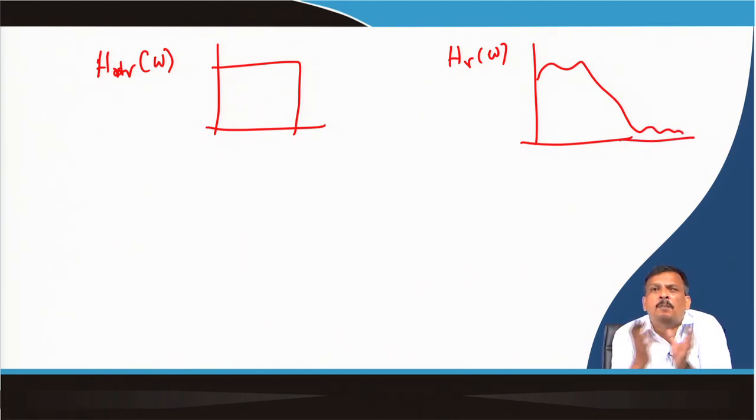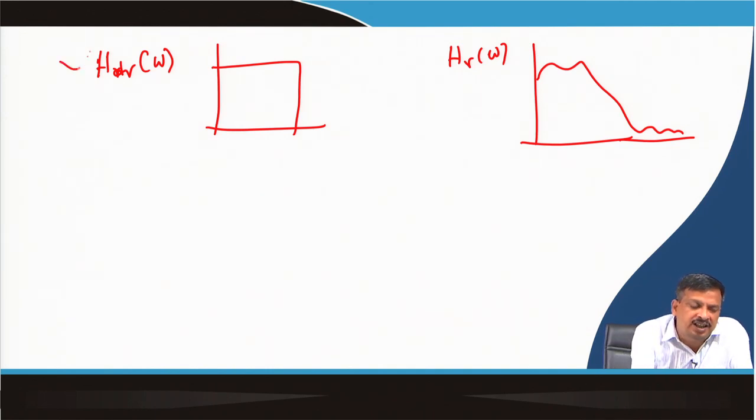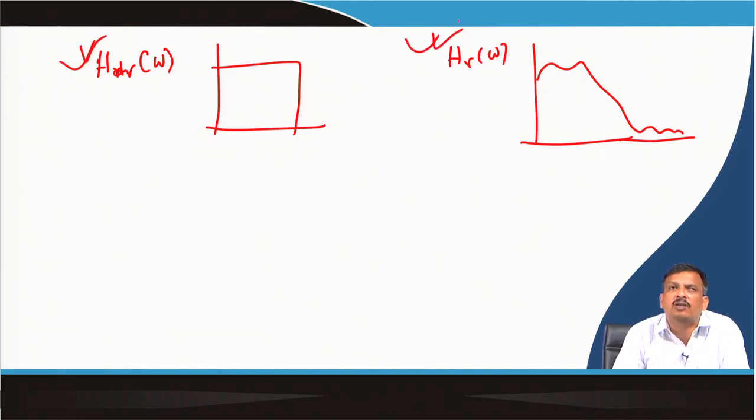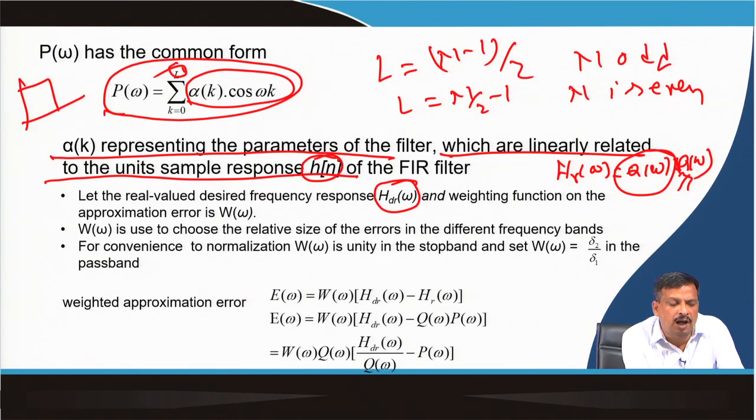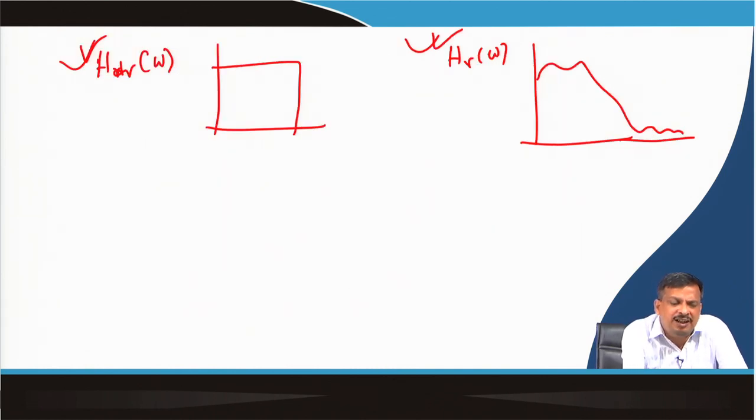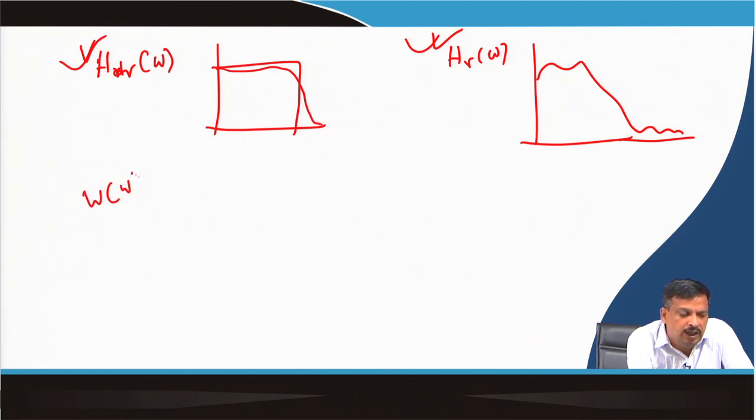Then I want to compute the error between the desired one and the designed one. Let us say I define a function W(ω) which relatively sizes the error in the different frequency bands. So, I want to monitor the error by using W(ω). Let us say this kind of error is sufficient for me, so I design a function W(ω). So, W(ω) is the allowable error.